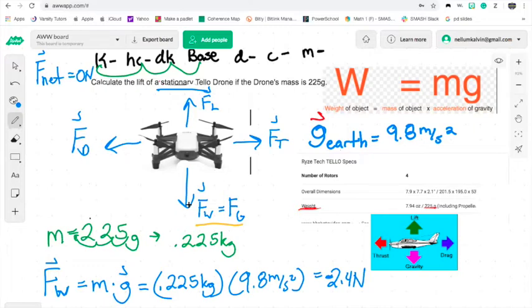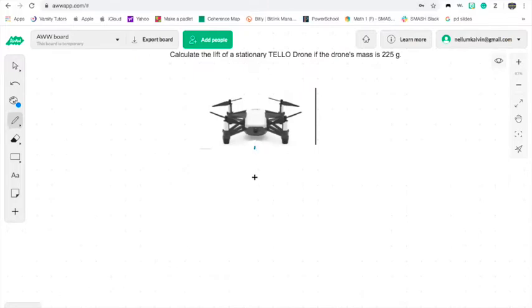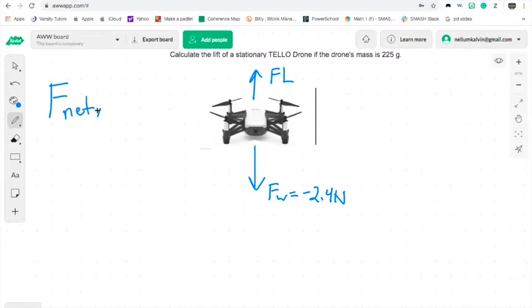Next we want to figure out the lift. We know that the weight is negative 2.4 newtons, and the lift is opposite of that. If the net force is equal to 0, Newton's third law says every action has an equal and opposite reaction.